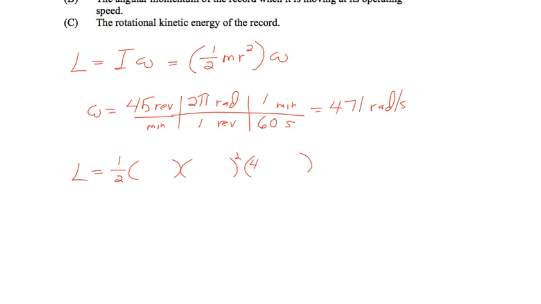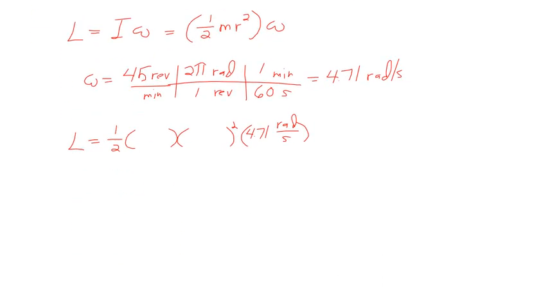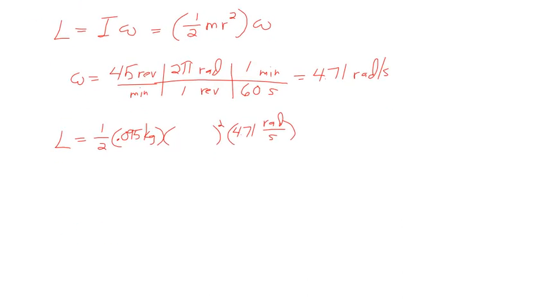So for omega, 4.71 radians per second. The mass in the problem was 0.095. And the radius would be half of 0.210, so that's going to be 0.105. And that will give you the angular momentum without me separately solving for the moment of inertia.